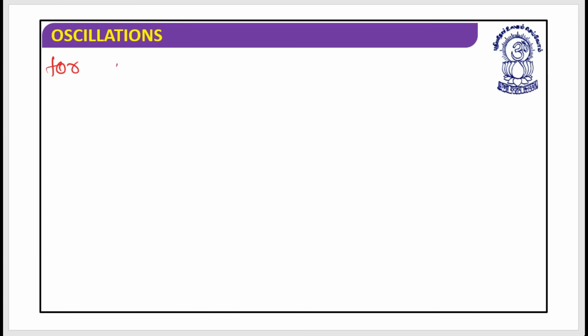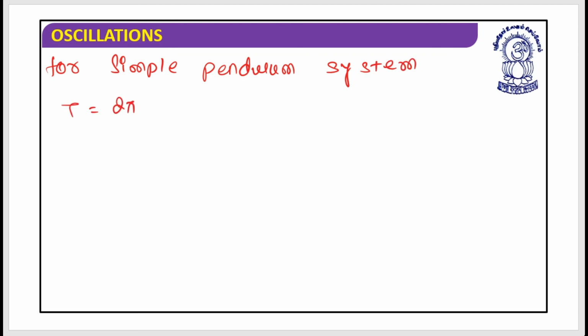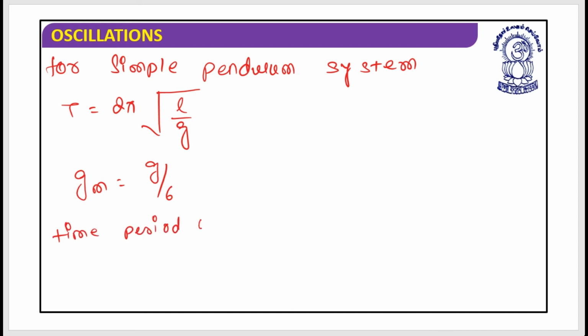Because for the simple pendulum system, the time period T is equal to 2 pi root of L by g, and the g of the moon would be equal to 1/6 of the g of the earth. So the time period of this clock changes. I hope this is clear.